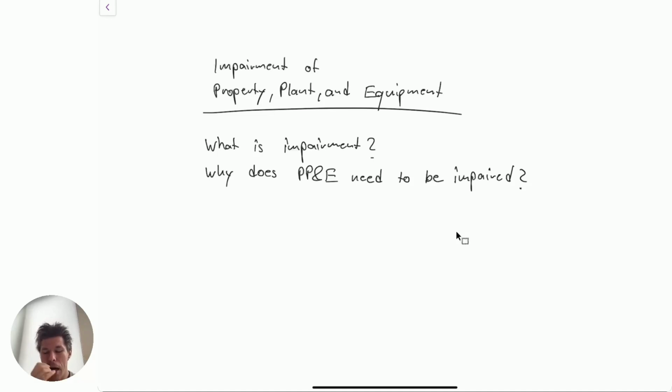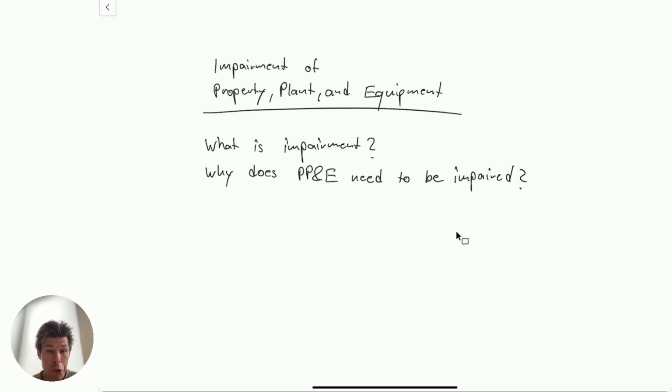And carrying amount is how it is recorded in the balance sheet. If the carrying amount is higher than the actual real value, the recoverable amount, then the value in your balance sheet is too high and does not reflect the real value of the asset anymore. So you need to write it down. If it's the other way around, nothing needs to happen.